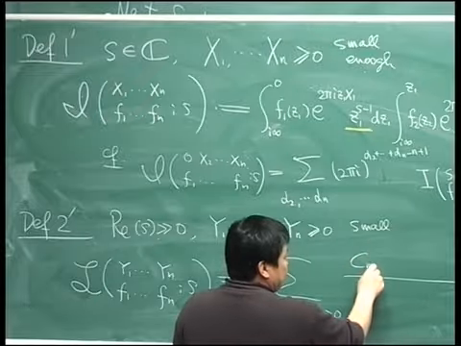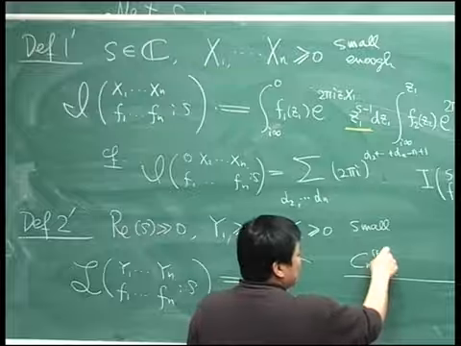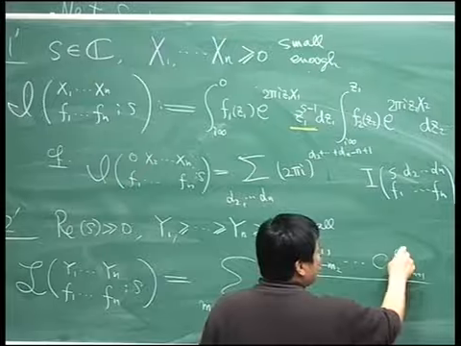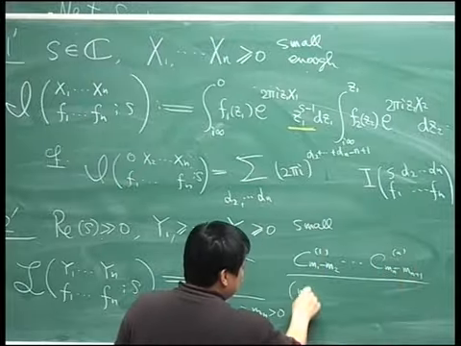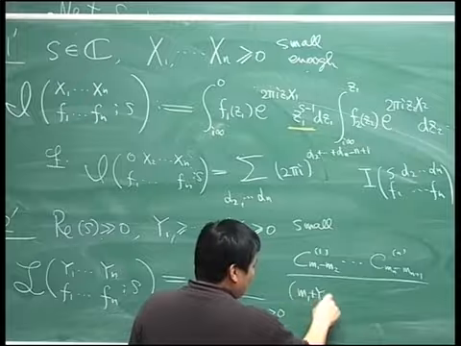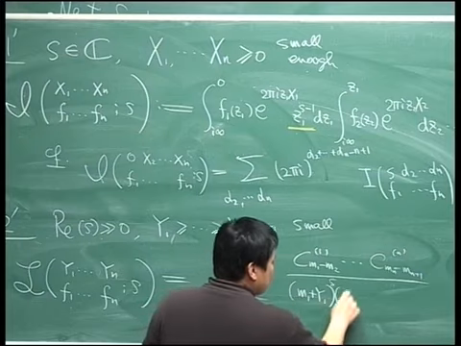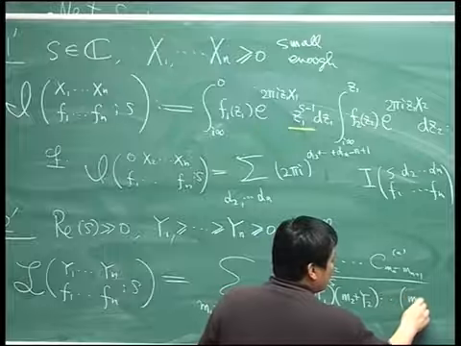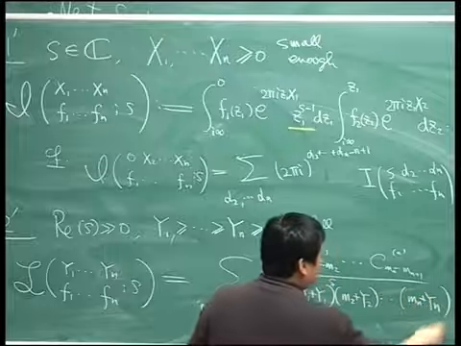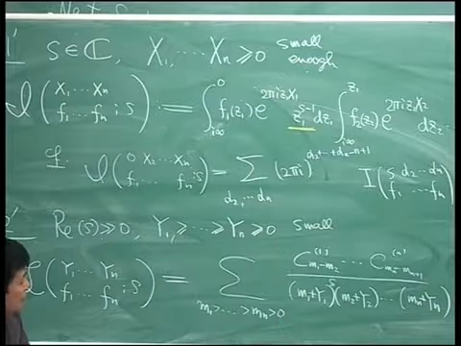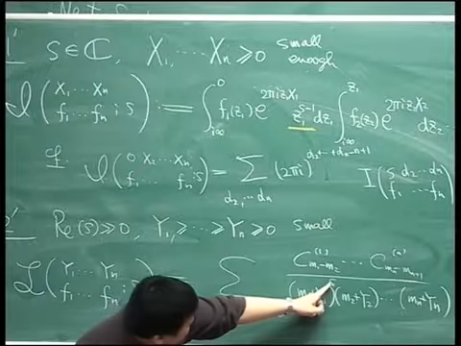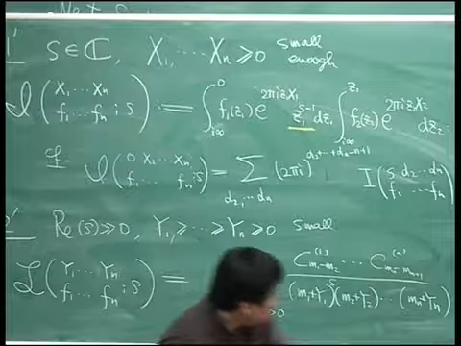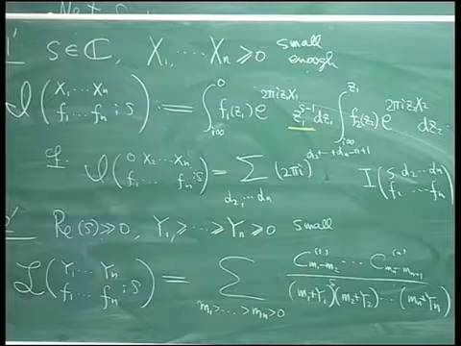The numerator is exactly the same as the previous one, and the denominator changed to this form. Only the first factor has a power s, and the other powers are all 1.